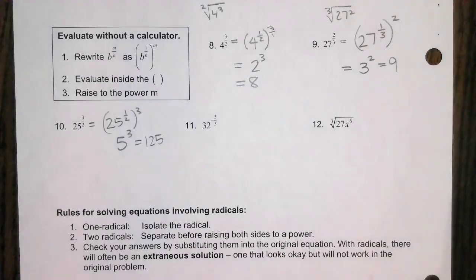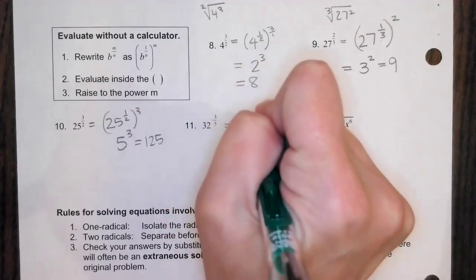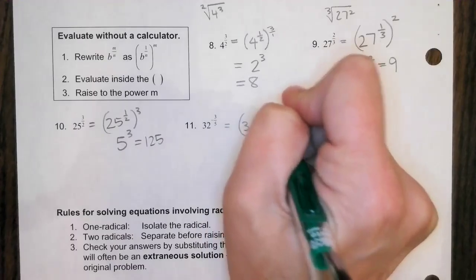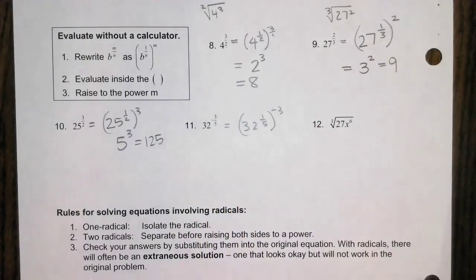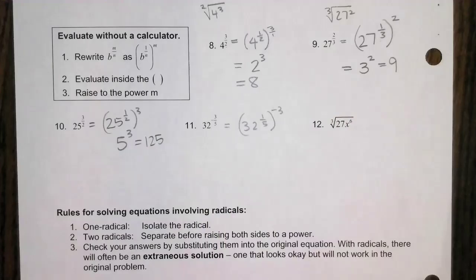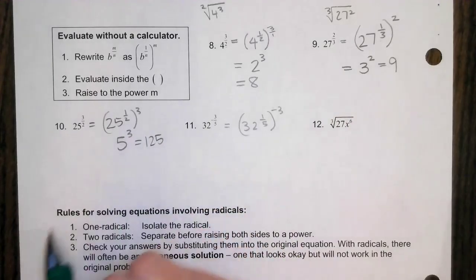Our next one is the 32 to the 3/5. And so we're going to get 32 to the 1/5 power raised to the negative 3 power. Sorry, that's going to be a negative there. And so we start with the 32 to the 1/5, the 5th root of 32, and these are hard to think through sometimes. So you're going to have to work on that, knowing those perfect powers.